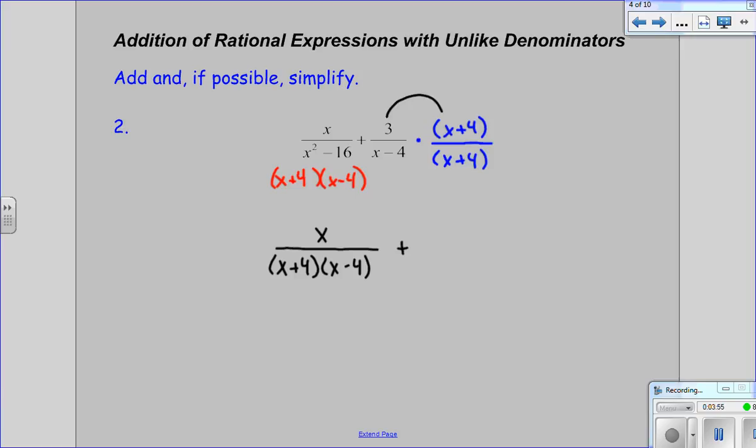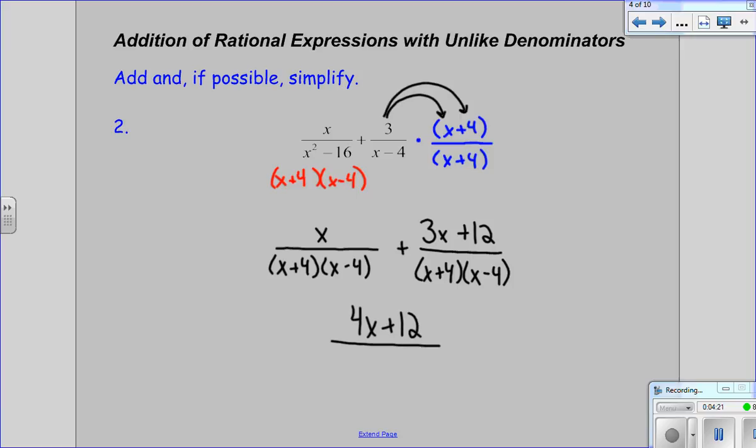Now let's distribute in the numerator: 3x plus 12 over our denominator, which is again x plus 4, x minus 4. Now we have common denominators, and we can now add our numerators together. So if we add x plus 3x, we get 4x plus 12. And our denominator, again, stays the same, since we're just dealing with common denominators of fractions.